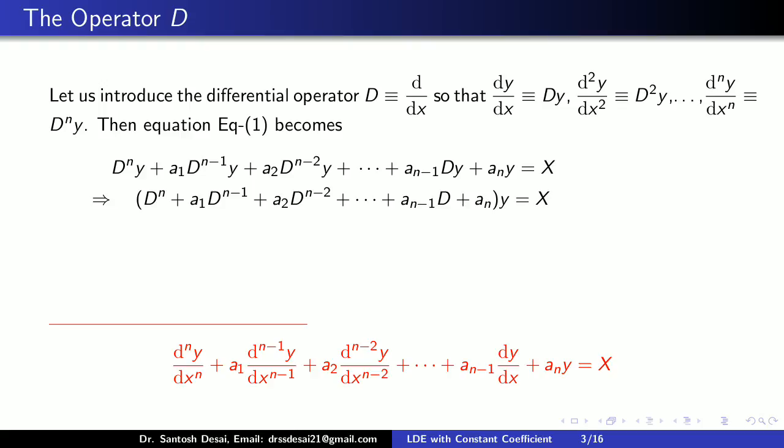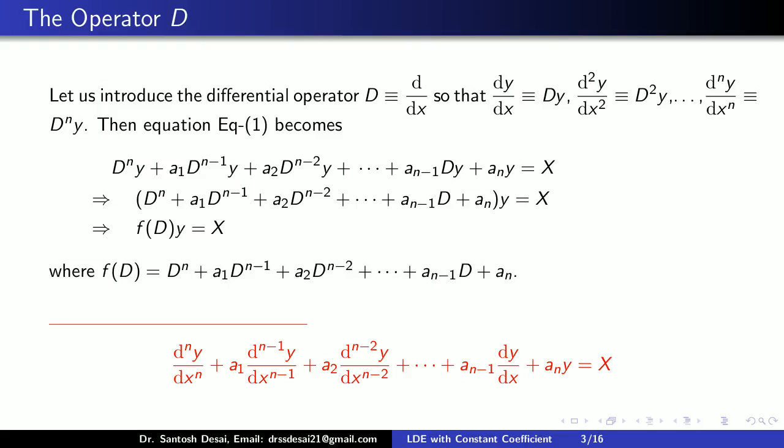is equal to X. Now here one can notice that the bracketed term is a function of D only, whereas a1, a2 and so on an are constants. So this bracket can be replaced by function of D. Therefore we get f(D) y is equal to X, where f(D) is equal to D^n plus a1 D^(n-1) plus a2 D^(n-2) plus and so on plus a(n-1) D plus an.